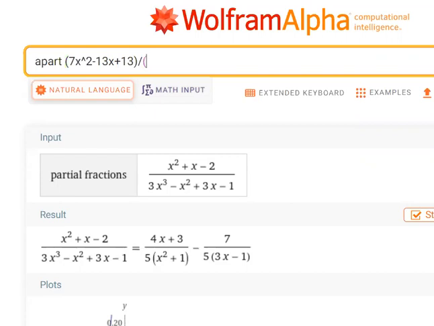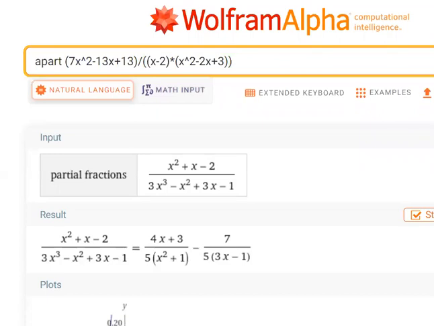I open another parenthesis as x minus 2, and then multiply by another quantity, x to the second minus 2x plus 3, and close it. I open, I close, they all are good.